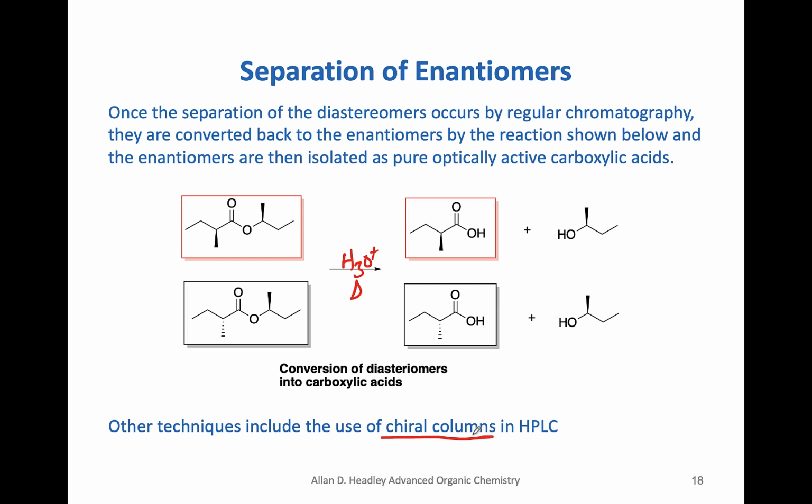So you purchase a column that's chiral, and the enantiomers combine, through different types of interactions with the chiral species in the column, and they are separated based on that interaction. That's known as chiral HPLC. That's routinely done in the research labs for the separation of enantiomers.